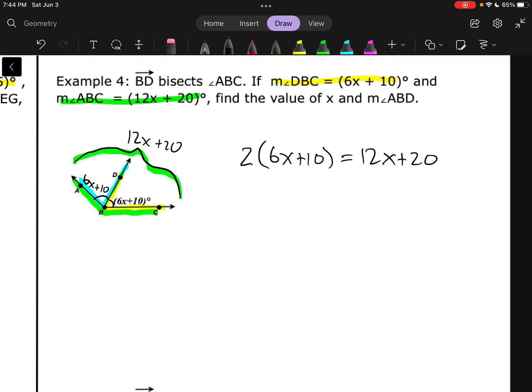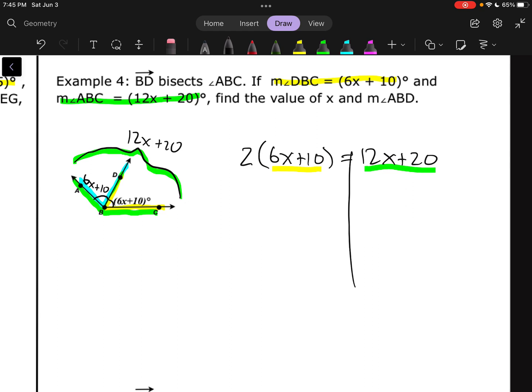I just like to distribute it. I like to write it out as I'm thinking that it's going to take 2 of the halves to equal the whole. That's the way that I prefer to do it. But if you want to write out 6x plus 10 plus 6x plus 10 equals 12x plus 20, you'll get the same thing. I'm just saying that it's going to take 2 of the yellows to equal a green.